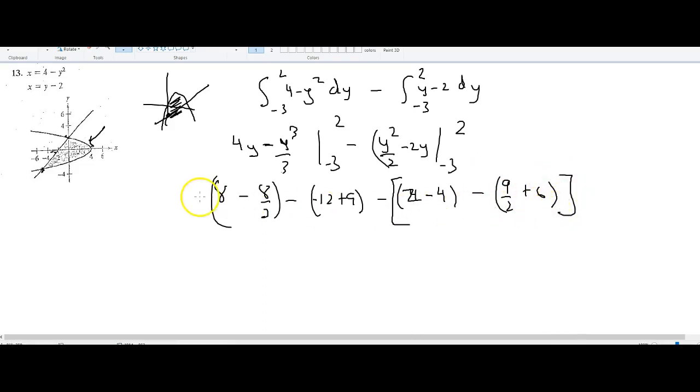And then I've got 24/3 minus 8/3 plus 3 minus parentheses -2 minus 12. Doing my math fast because I got another minute before this thing shuts down. I get 16/3 plus 3 minus parentheses.